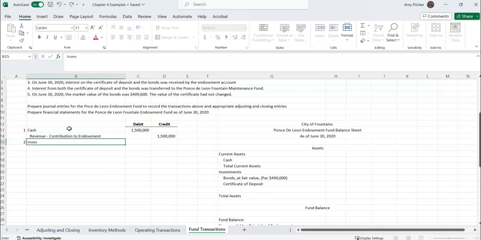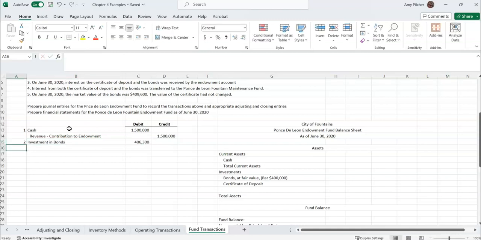We have investment in bonds and our certificate of deposit, and then we used cash of $1,406,300.